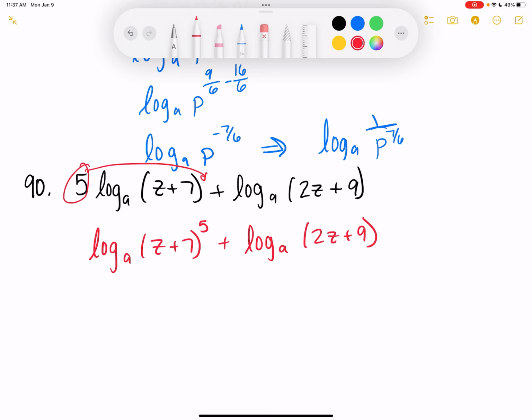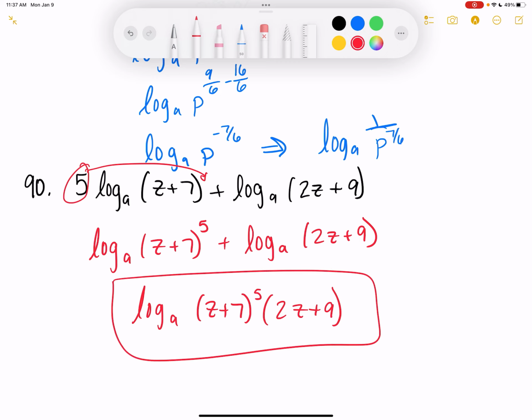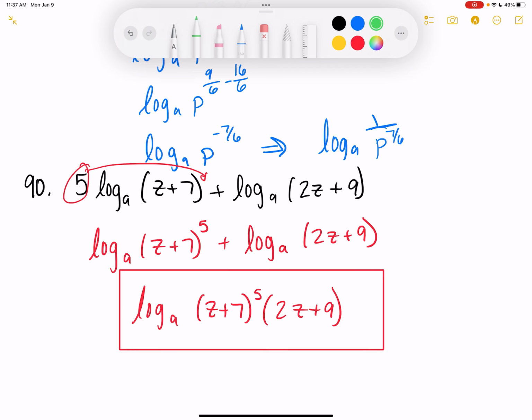No. What's product mean? Multiply. So we have log base a of z plus 7 to the 5th times 2z plus 9. And I'm not going to make you multiply that out, so please leave it like that. Oh, that's it? That's all we're going to do with it.